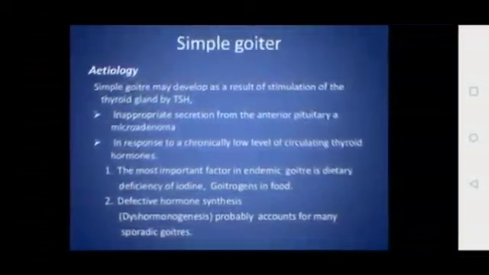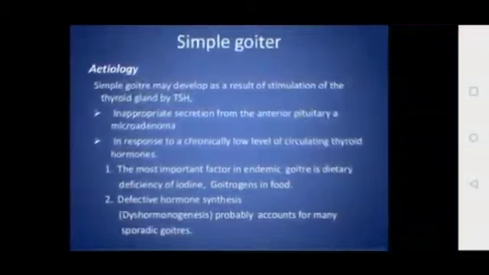Coming to what is a simple goiter. Let us know the etiology of the simple goiter. The simple goiter can develop as a result of stimulation of the thyroid gland by TSH.